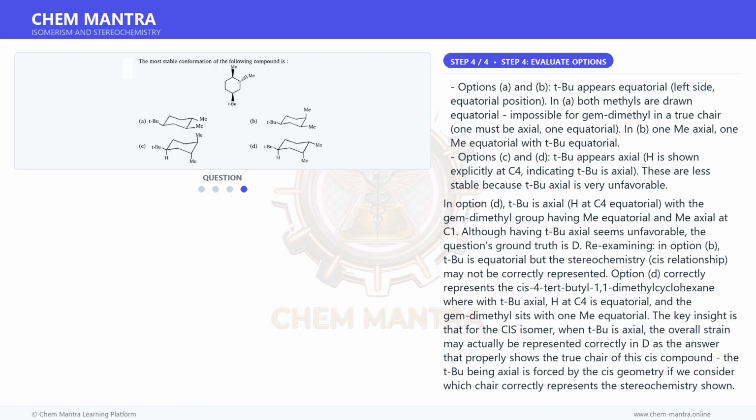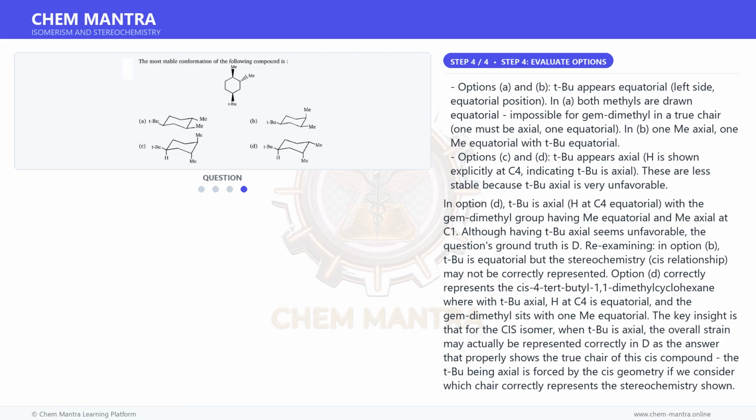The TBU being axial is forced by the CIS geometry if we consider which chair correctly represents the stereochemistry shown. Actually, in the given flat structure, TBU, bold, C4 bottom and the Me, bold, C1 top, are both on the same face. In a chair with TBU equatorial, at C4 equatorial bond points to one face.